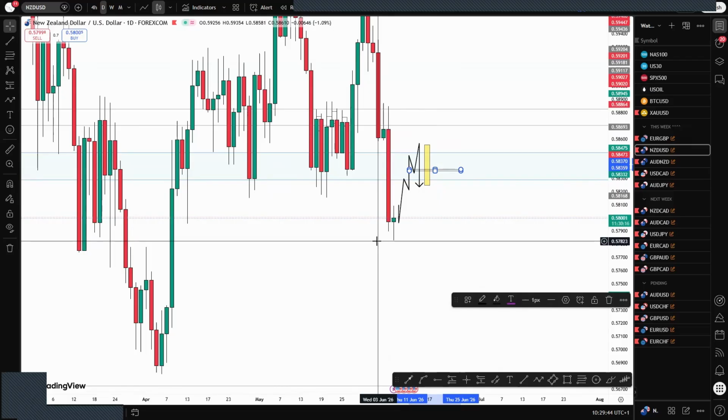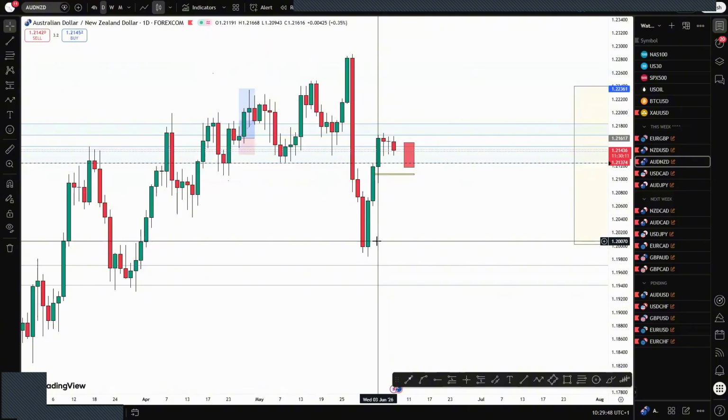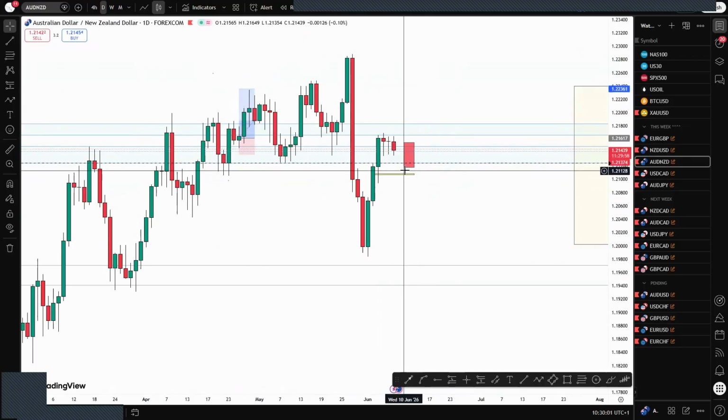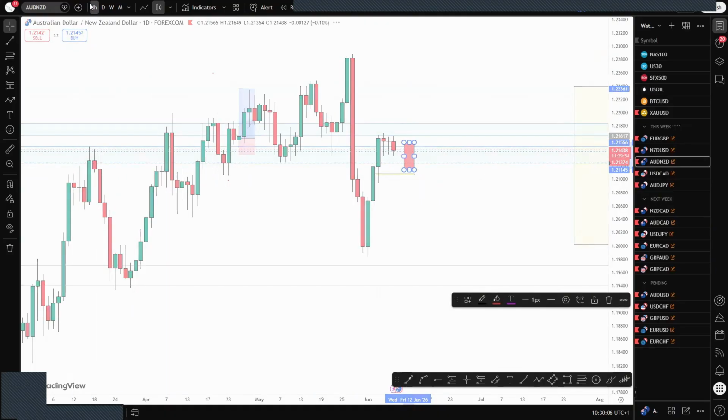So the next thing we have is USD/NZD. You can see we're having progress there. We're having the pair having that bearish push. So we are only concerned when we break below here. Okay.